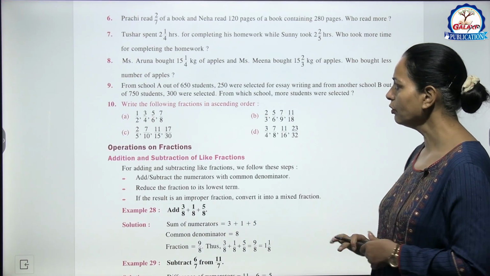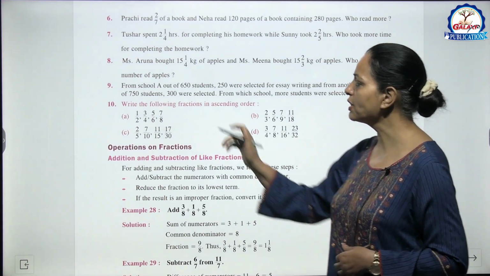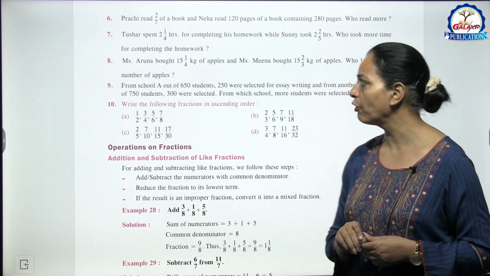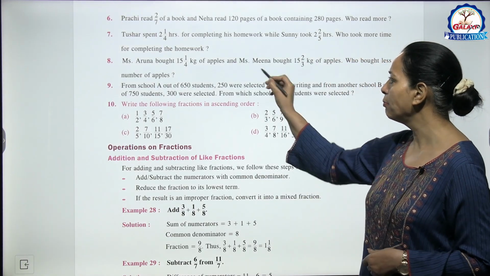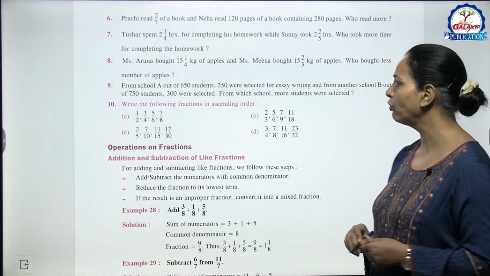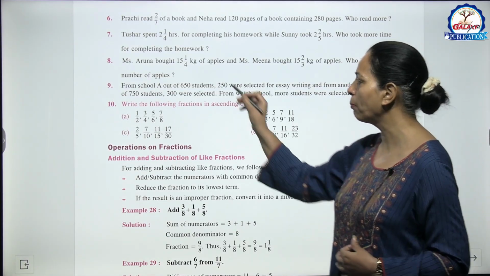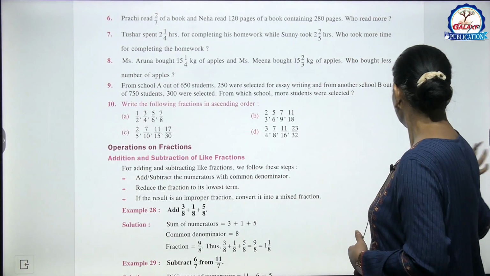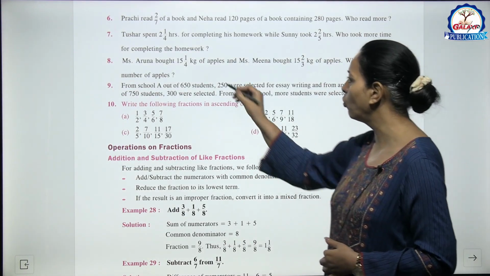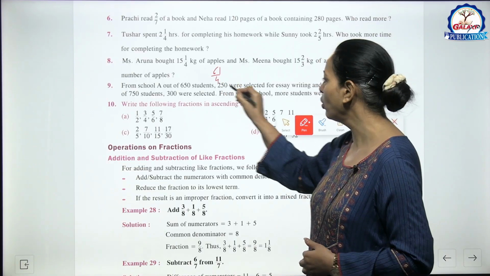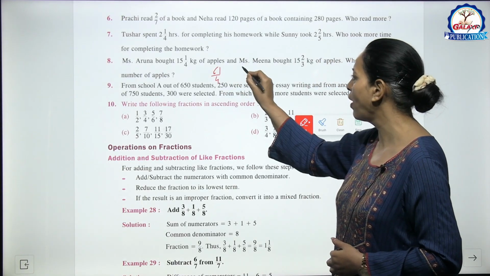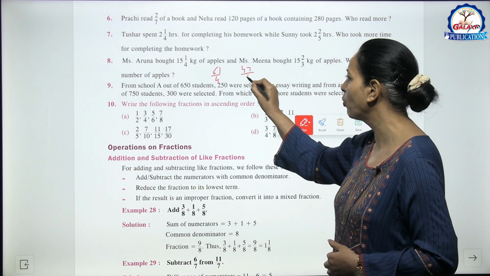Okay. Now see the 8th question, Miss Aruna bought 15 whole 1 by 4 kg of apples and Miss Meena bought 15 whole 2 by 3 kg of apples. Who bought less apples? So compare it. This is 15 whole 1 by 4, which means 61 by 4, and this is 45 plus 2, 47 upon 3.